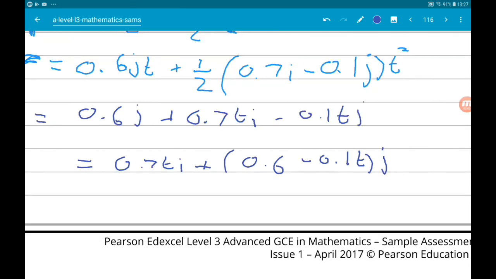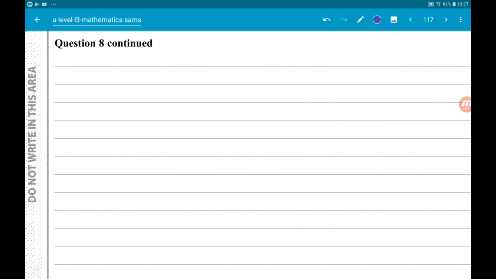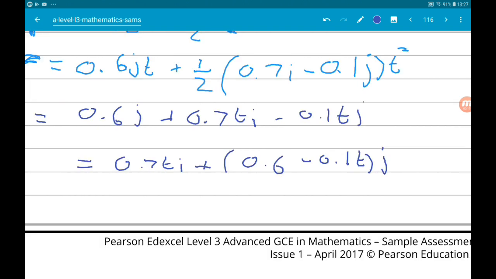So this means then that 0.7 t must be equal to 0.6 minus 0.1 t.